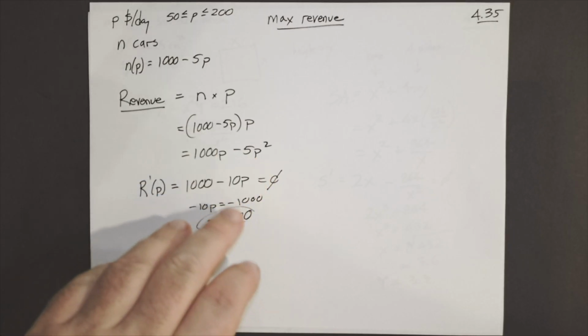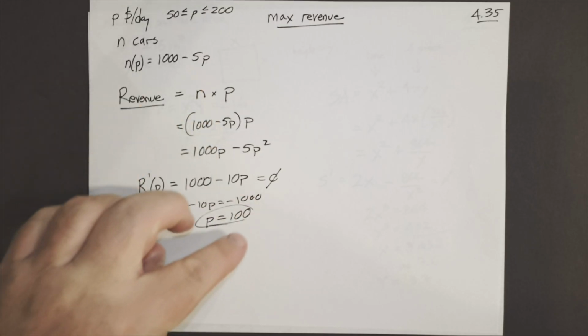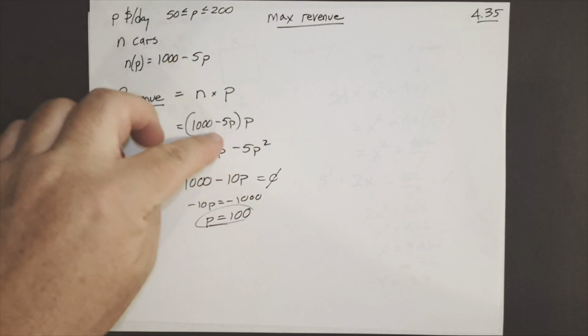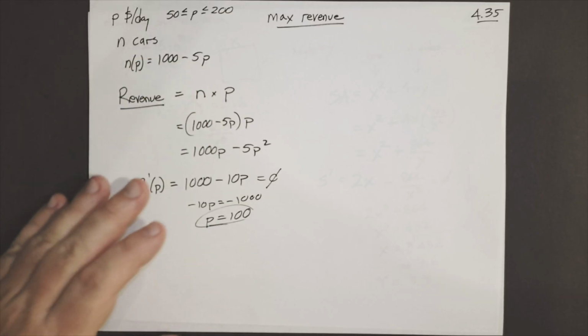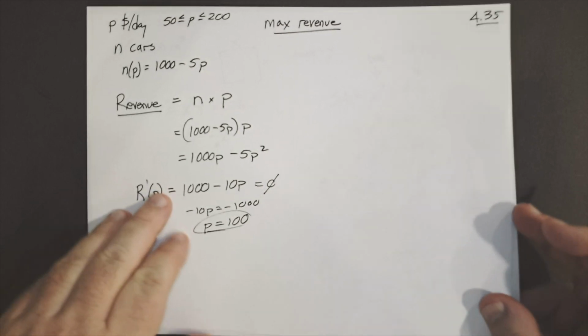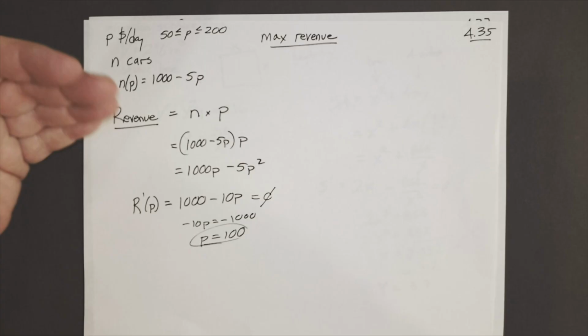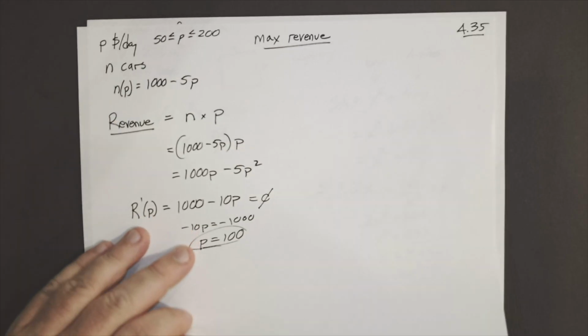Again, you may need to plug that back in here to find out how many cars that is. You may need to plug that back in here and here to figure out the revenue, how much money they're making a day. You get the point that you have to check the work. Same thing though. We have a problem, we have a constraint, and we find that critical point.